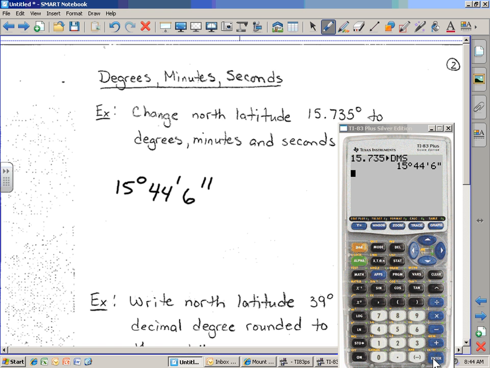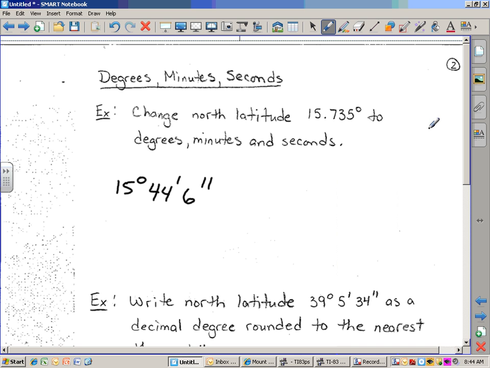So a single apostrophe, if you want to call it that, would be 44 minutes. A double would be representing seconds. So what exactly does that mean? Well, 1 degree equals 60 minutes, and 1 minute equals 60 seconds.